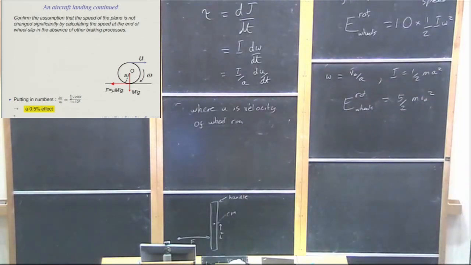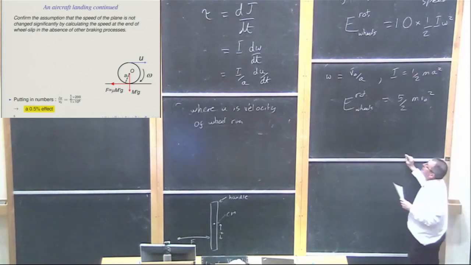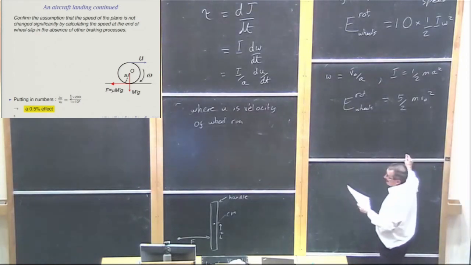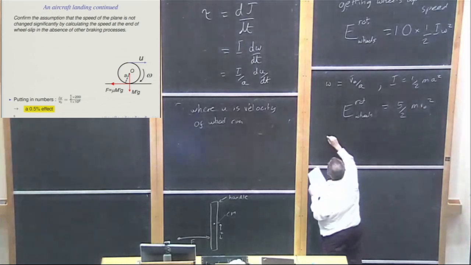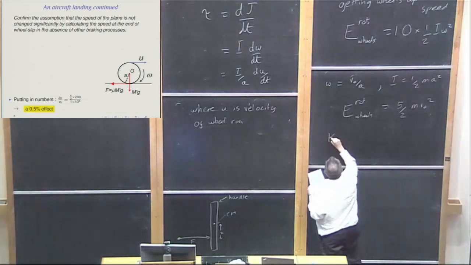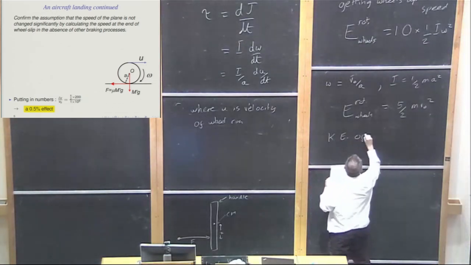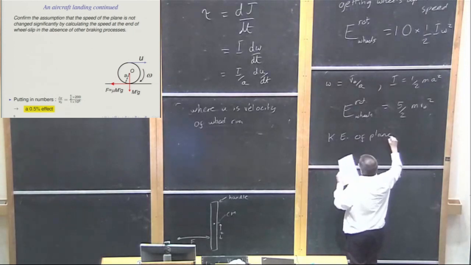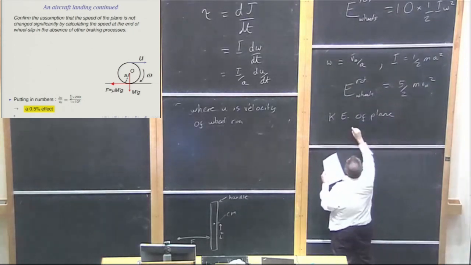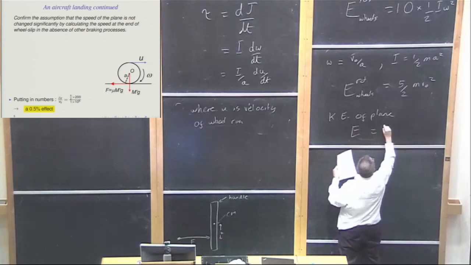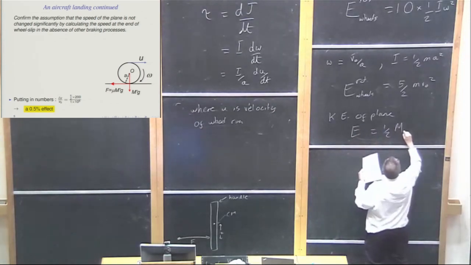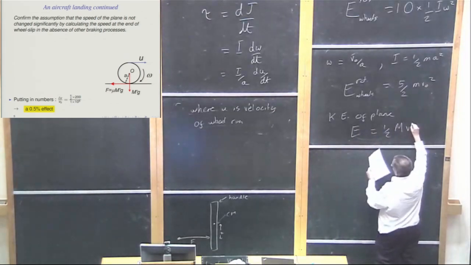Now, as the plane is landing, just before the plane touches down, what energy does it have? It's just kinetic energy. So the KE of the plane, let me just write that as E, is given by a half big M v squared.